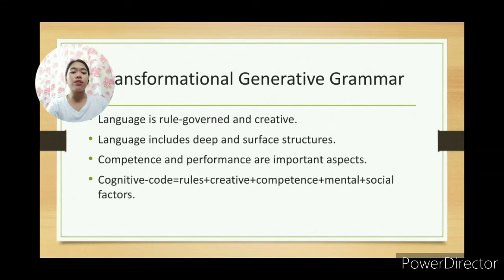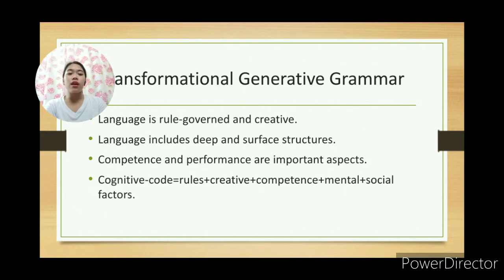So, for example, transformational grammar relates the active sentence, John read the book, with its corresponding passive, the book was read by John. The statement, George saw Mary, is related to the corresponding questions, whom did George see, and who saw Mary.